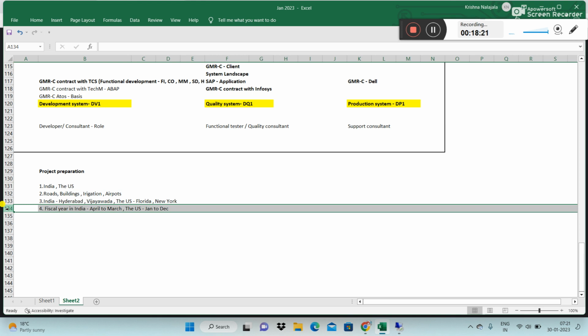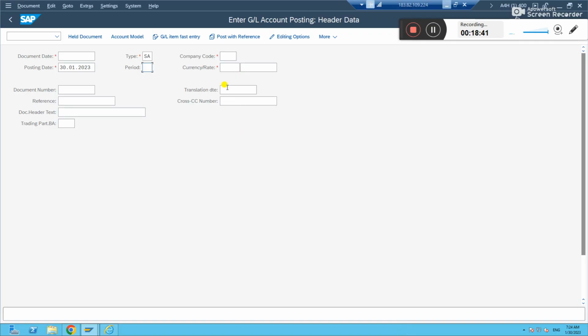Calendar year is always January to December, but in a few countries the fiscal year is different from the calendar year. The best example is India, where we have April to March. That is our fiscal year. And the other important thing is you see a currency.